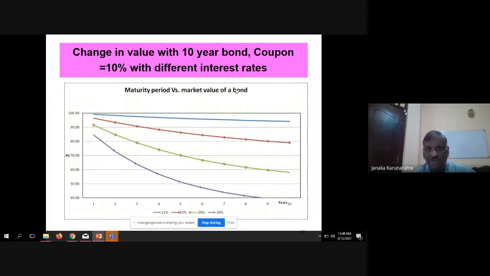Now this is the change in value with a 10-year bond, coupon rate 10%. If you take a 10-year bond with coupon rate 10%, how does the market value change under different interest rates? You see?